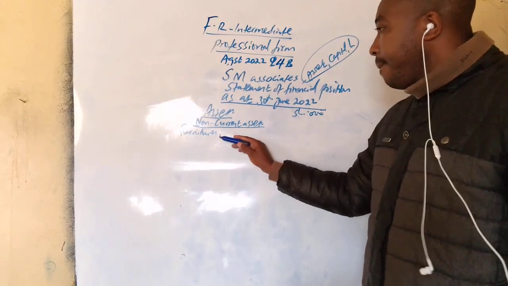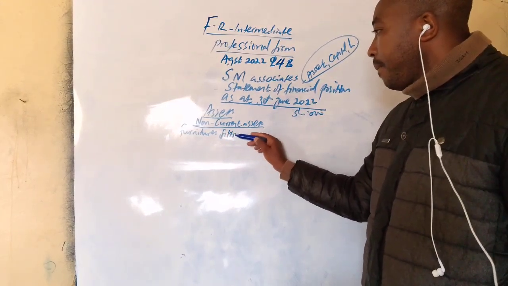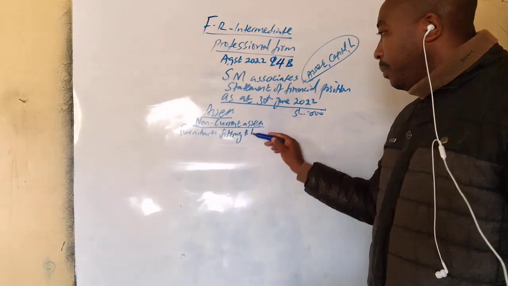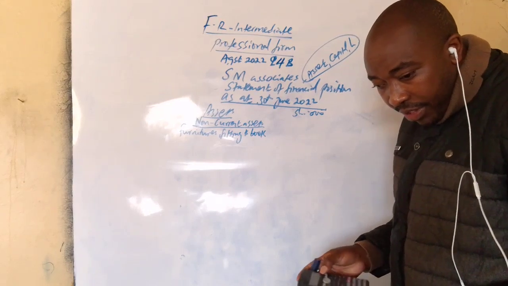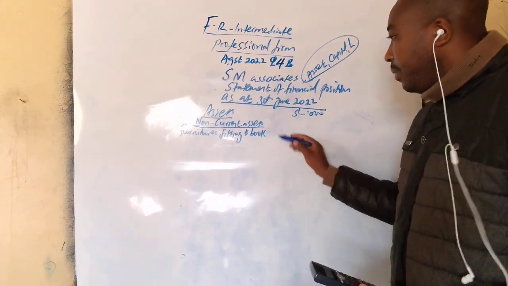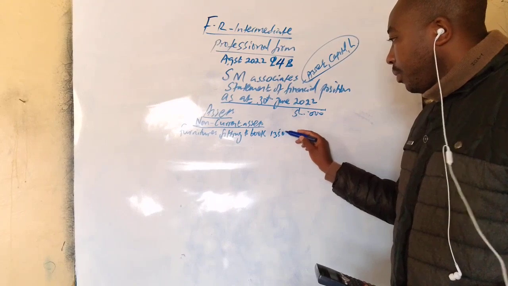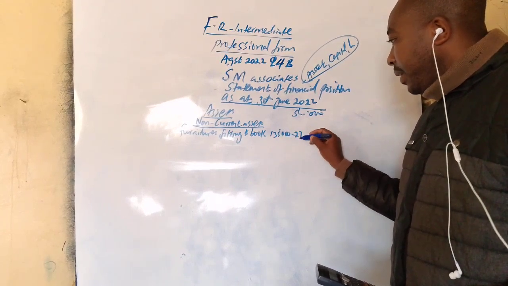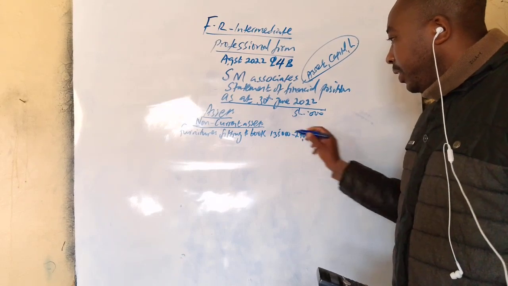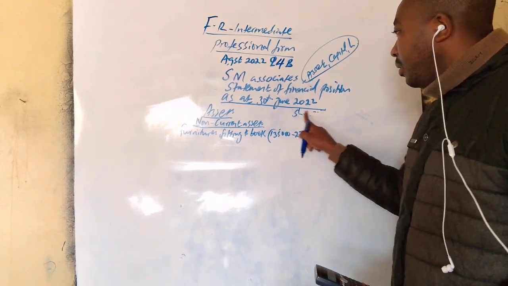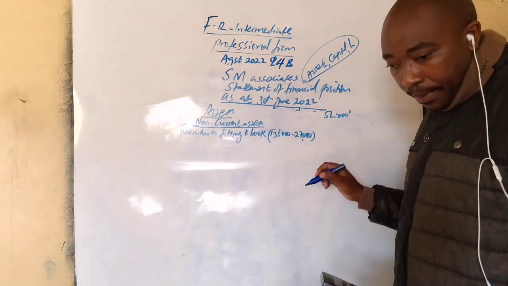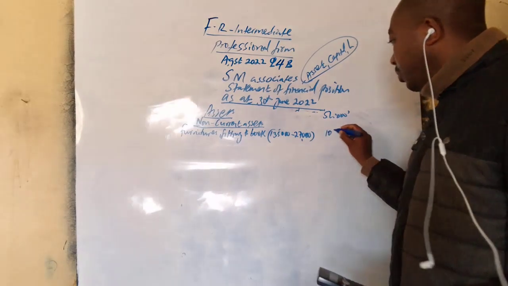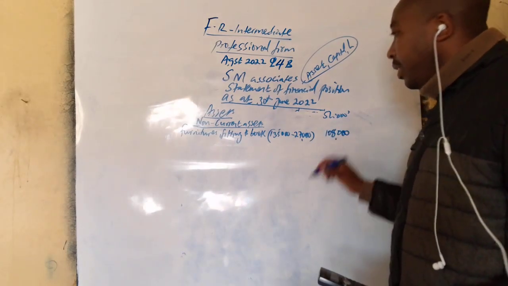Furnitures, fitting, and library book. The value given there is 135,000. We minus depreciation of 27,000. So we are being left with 108,000.